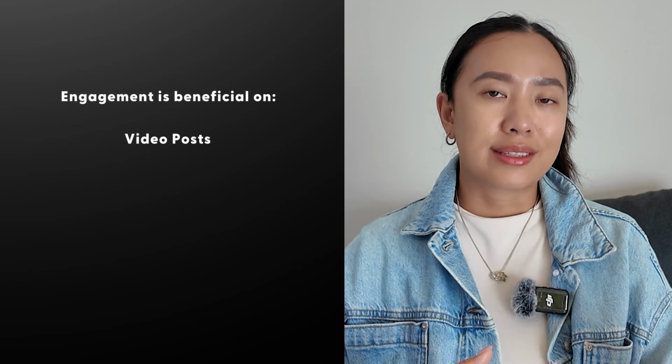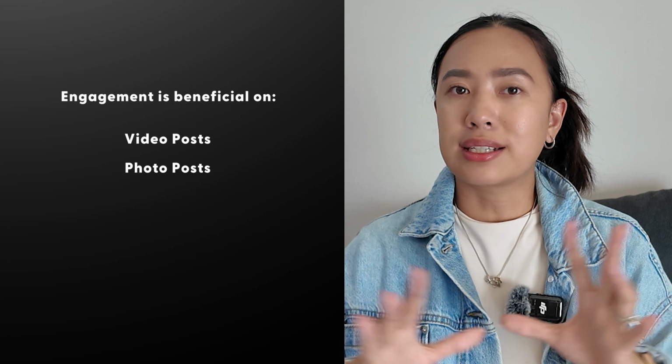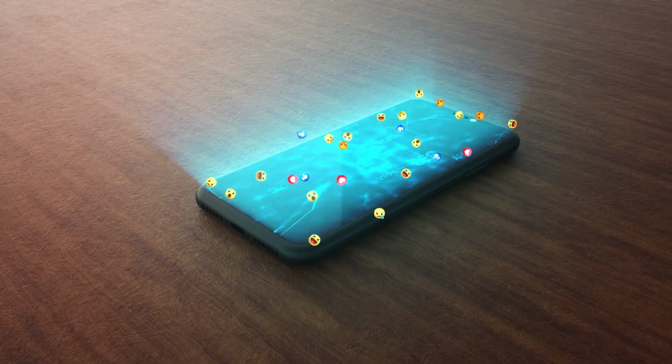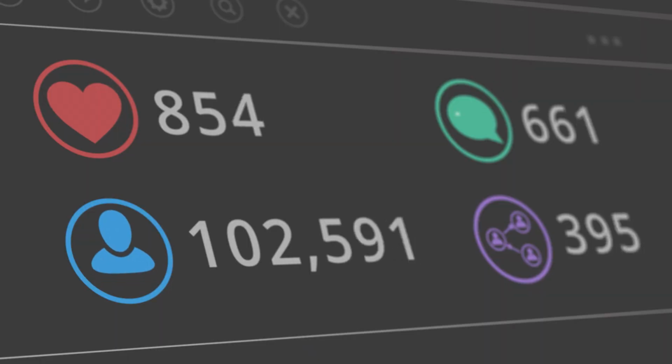So the other thing that would be beneficial in terms of moderating some posts is engagement. So even if it's not an ad, every time you post something, whether it's a video, a photo, or even just a text status, or even a story, if someone interacts with it, it would be good if you could also reply to that.